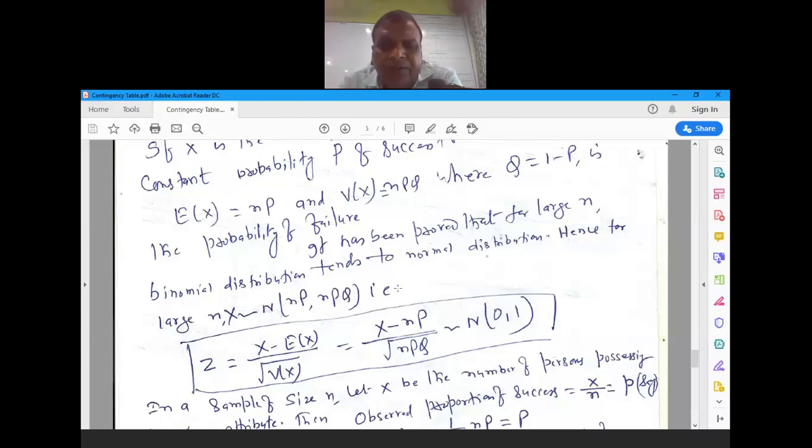So remember it: the mean of binomial distribution is np and the variance is npq, where n is the number of trials, p is the probability of success, and q is the probability of failure.